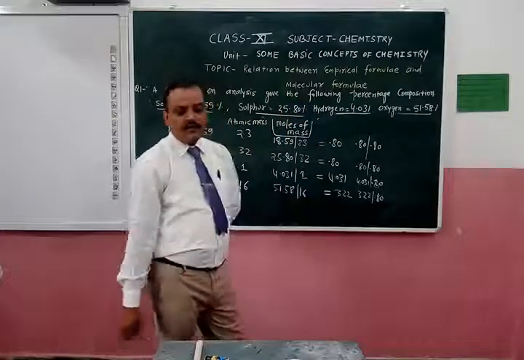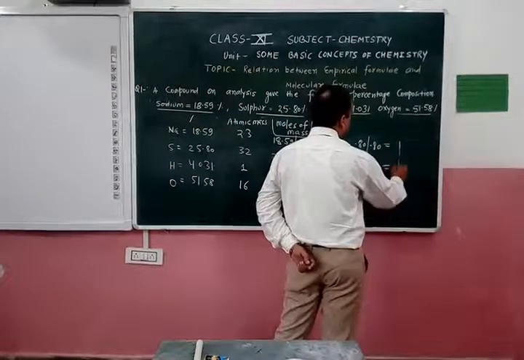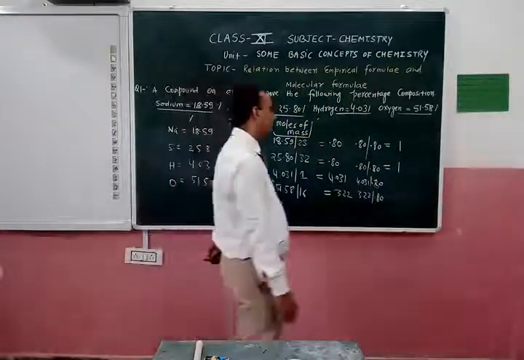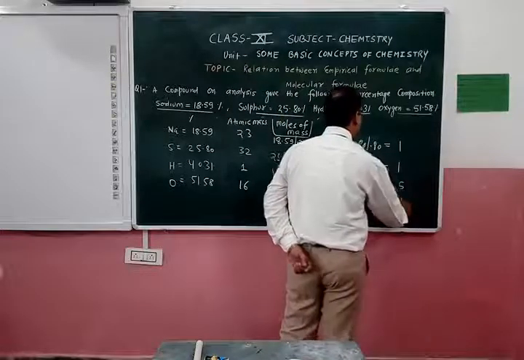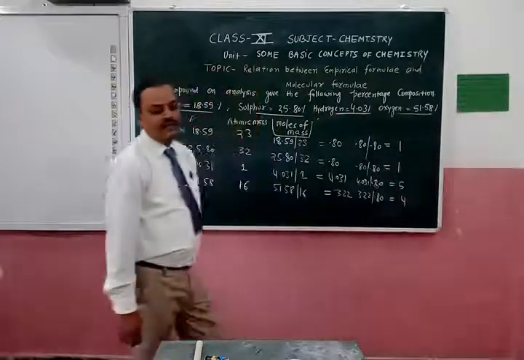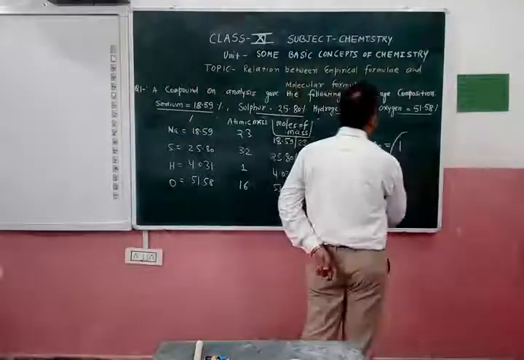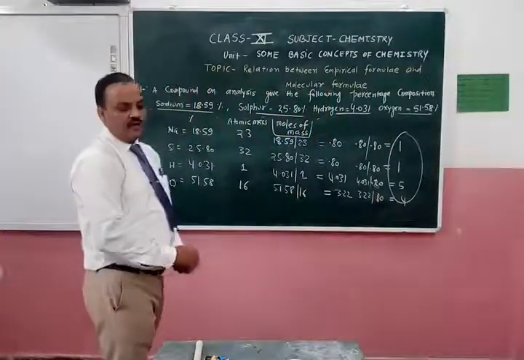Then we have the result, that is 1, about 5 in this, and about 4 in this. So that is the simplest ratio of elements we have in that particular result.